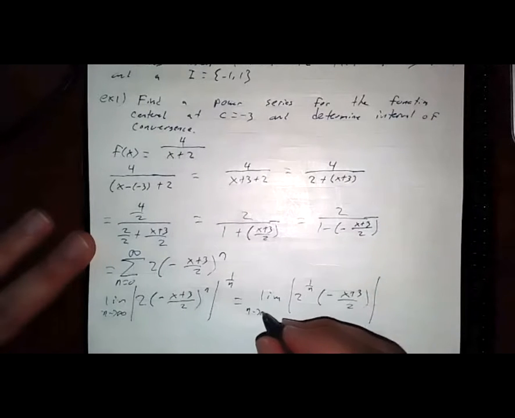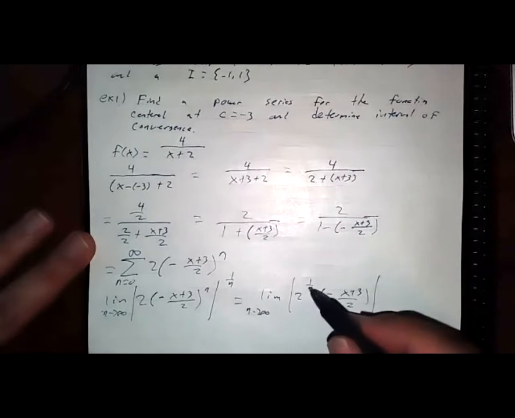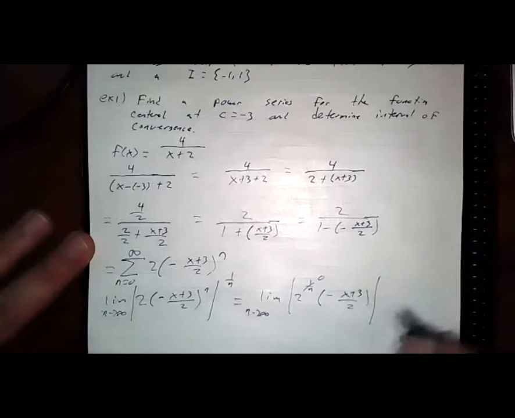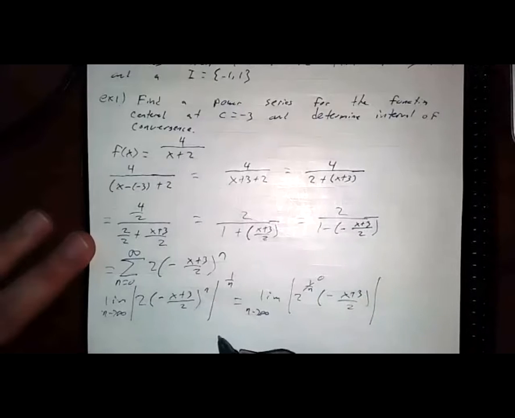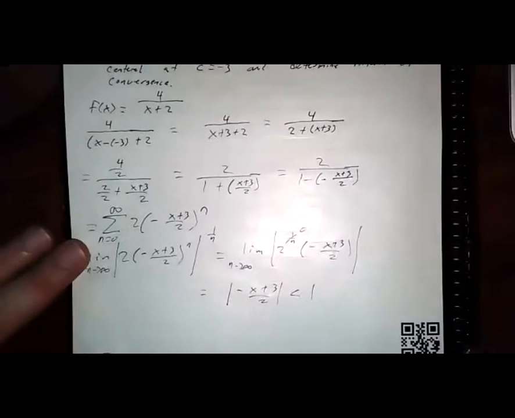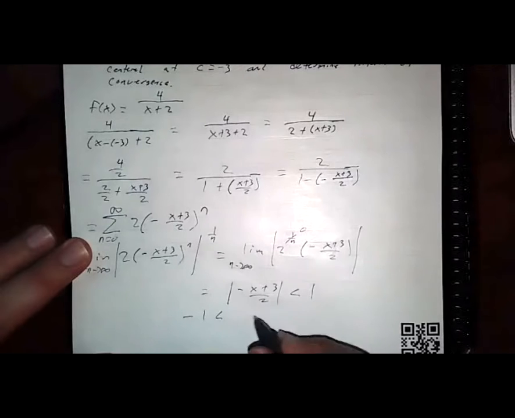As n goes to infinity, this will go to 0, which means this will go to 1, right? 2 to 0 is 1. And that will give us absolute value of negative x plus 3 over 2. That must be less than 1. Removing the absolute values will give us an interval.